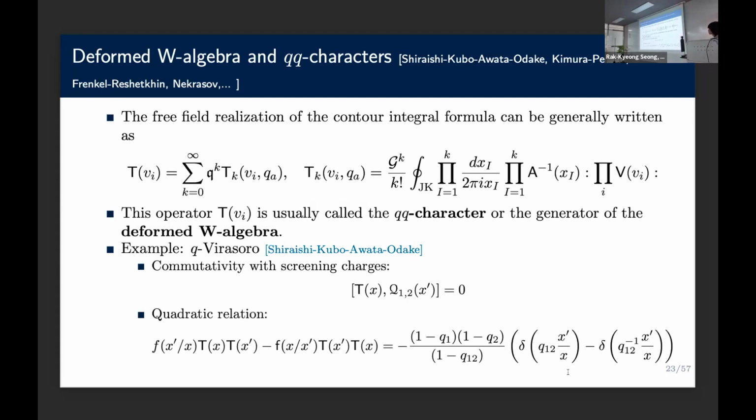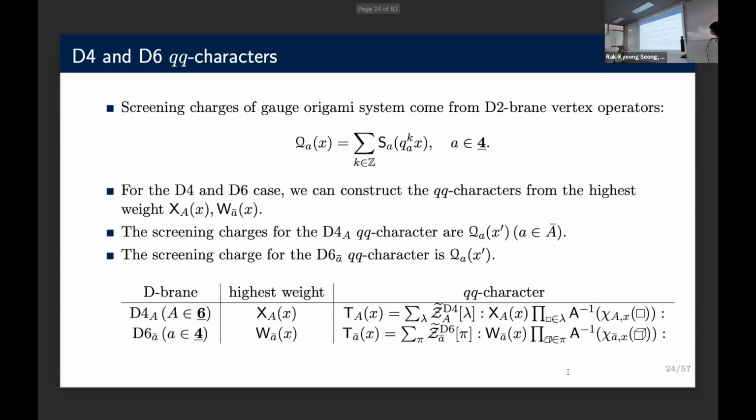Okay. So recalling the q-Virasoro, given a q-Virasoro, you'd like to understand the algebraic properties of it. One is the relation with the screening charge, and the other one is the OPE relations of this q-Virasoro, which are called the quadratic relations. And to do that, for a general system in the gauge origami, you first need to define screening charges.